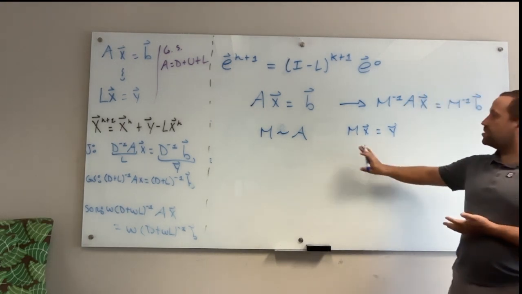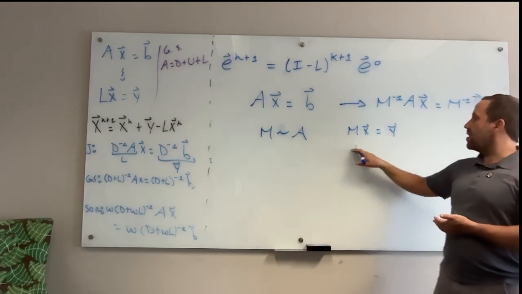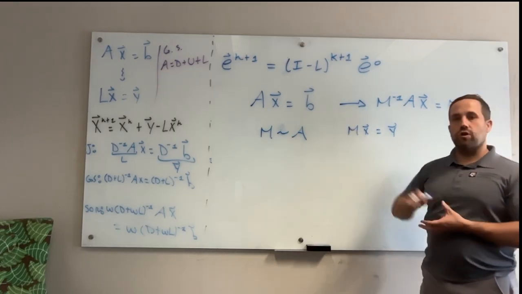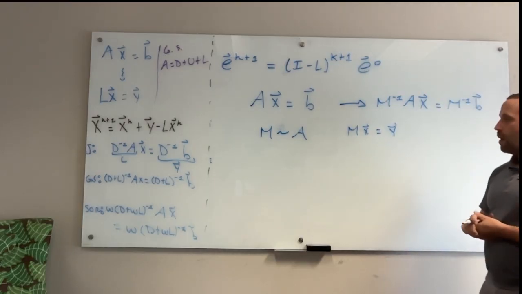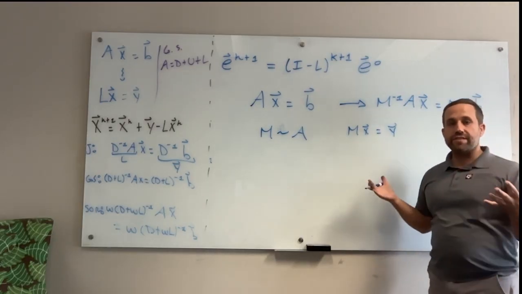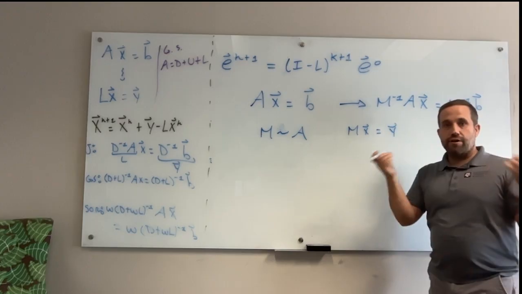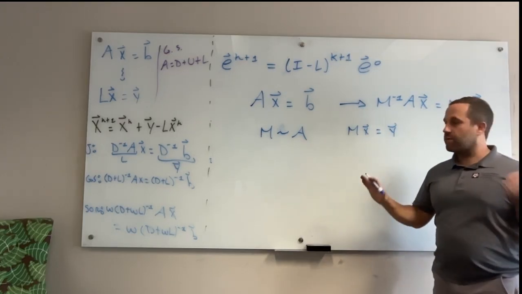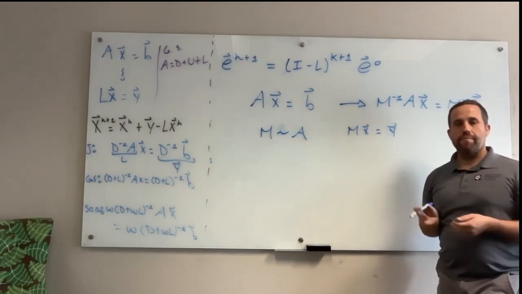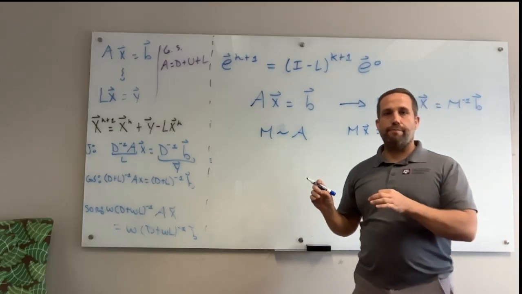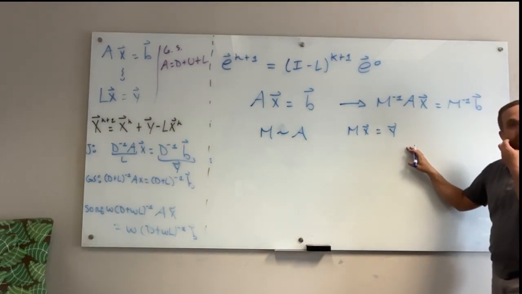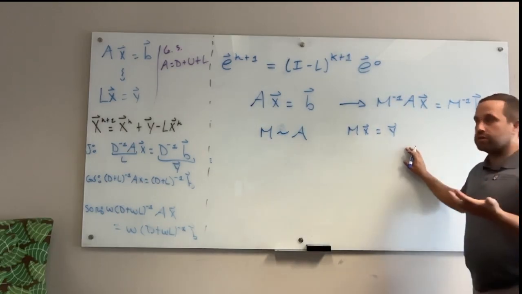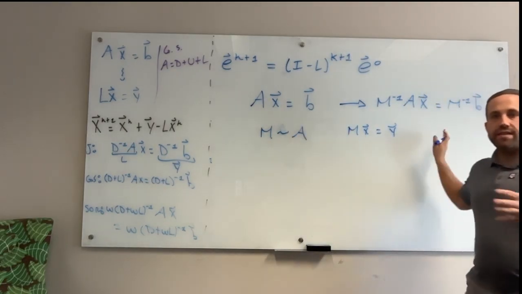Because if Mx equals y is just as hard to solve as Ax equals b, this doesn't make any sense. It might make sense from the iterative method standpoint. We might get an iterative method that converges faster. I mean, you could just take M equal to A. But from a practical standpoint, if this is not significantly easier to solve than Ax equals b, then it doesn't really make any sense.